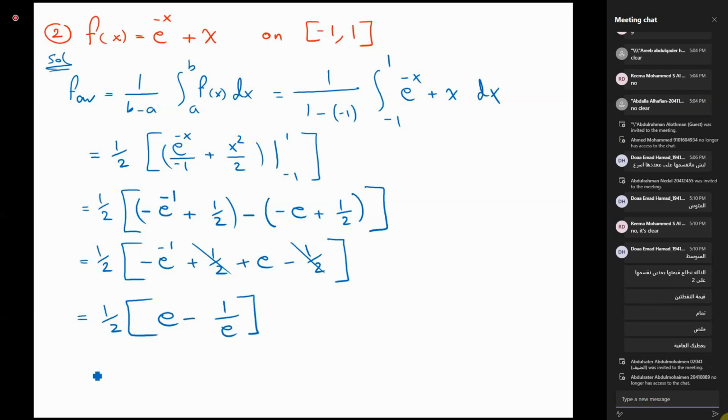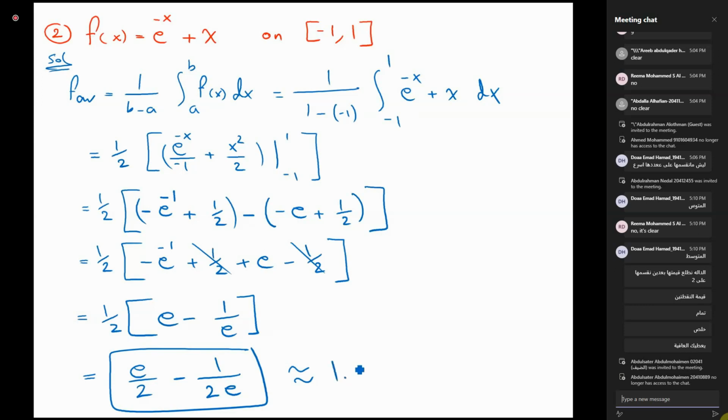Okay, or we can put it e over 2 minus 1 over 2e, like this. Okay, this equal, if we need to find the approximate, you can use the calculator. By calculator, approximate 1.175.